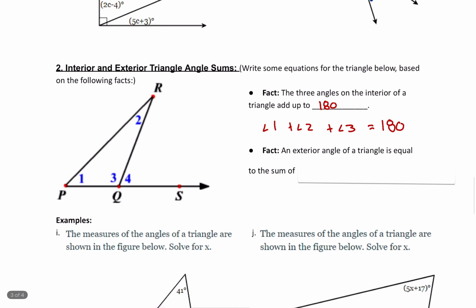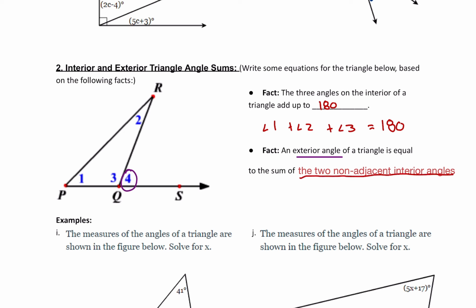Now another fact: an exterior angle of a triangle is equal to the sum of the two non-adjacent interior angles. So what does that mean? That means that the exterior angle, that would be angle 4 here, is equal to the sum of the two non-adjacent interior angles.